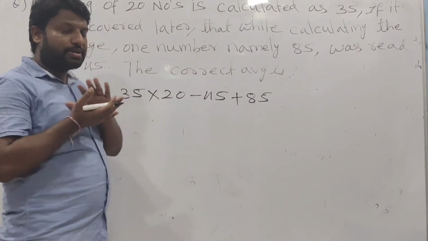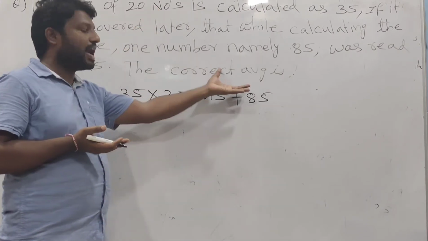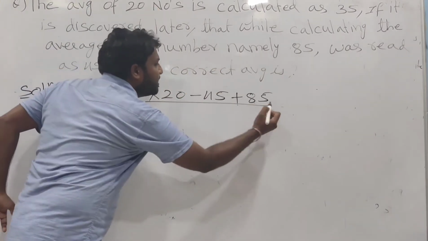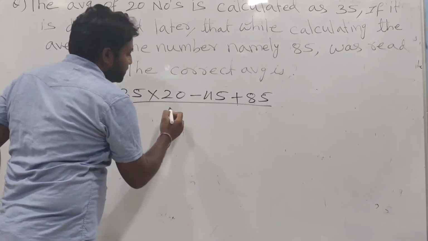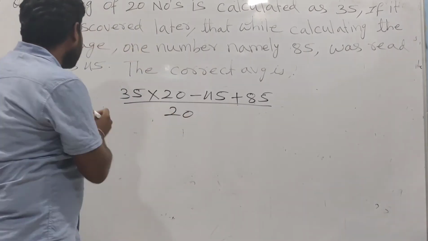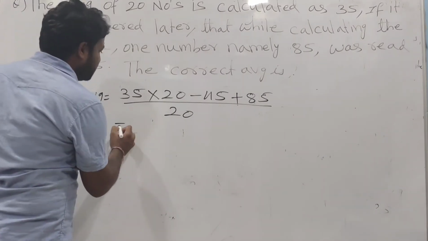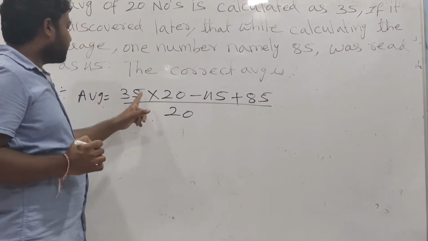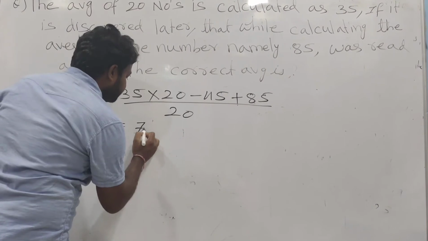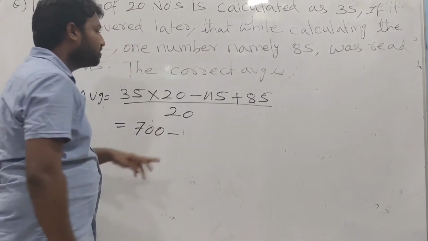And sum divided by number of observations will give the average. Number of observations is 20. If you simplify this, you will get the correct average. So 35 into 20 is 700.